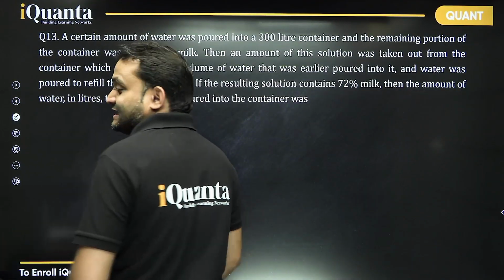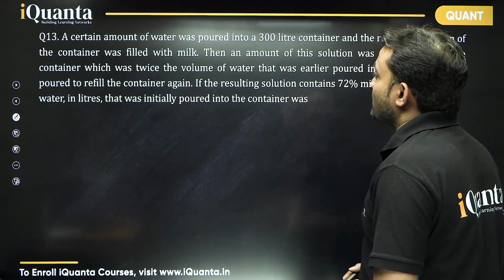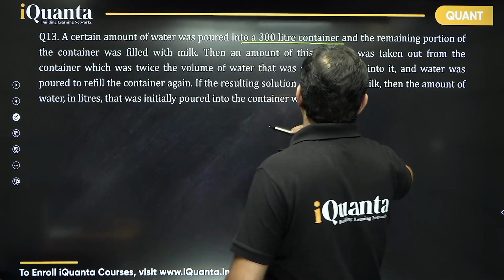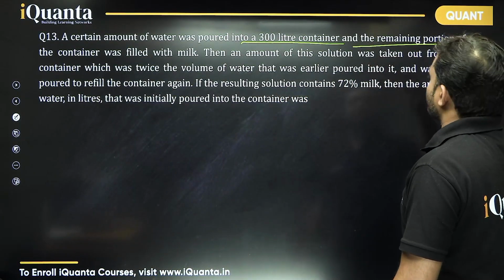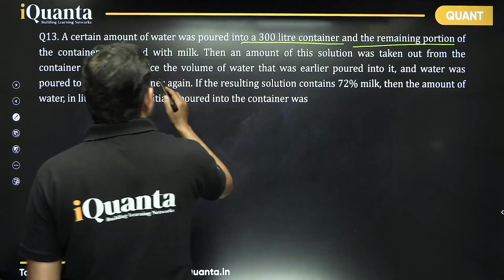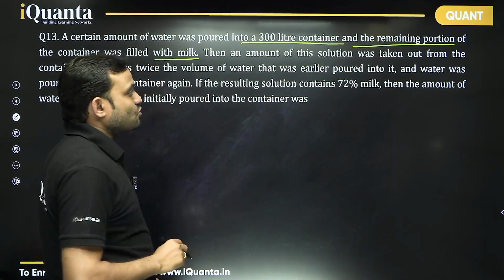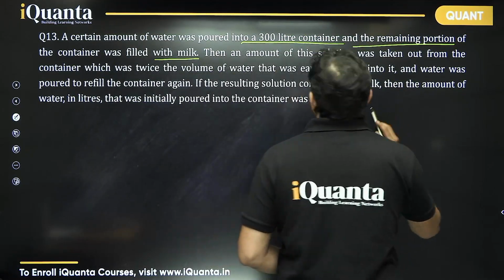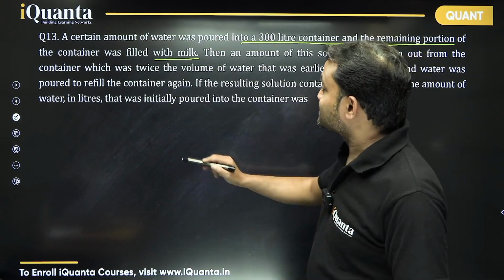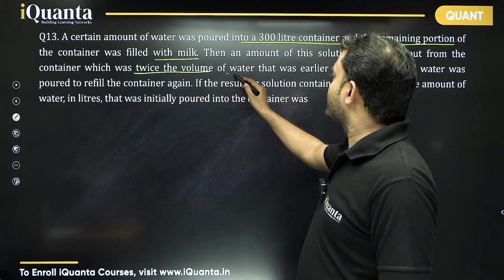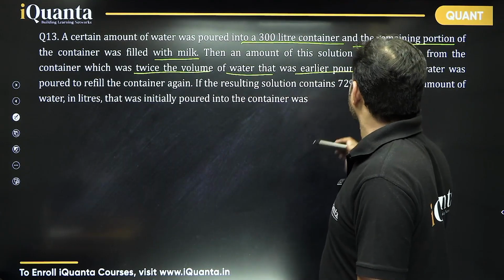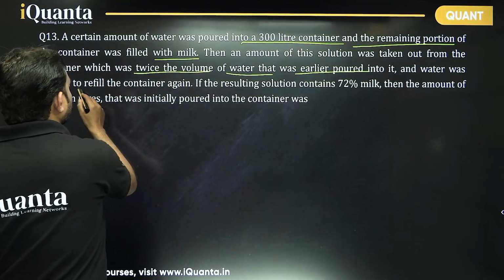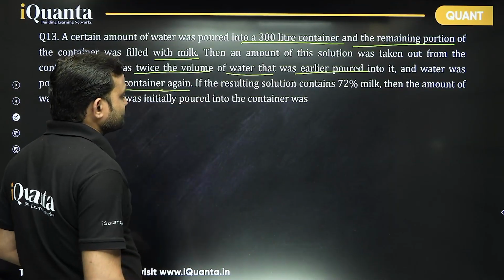Question number 13 says: a certain amount of water was poured into a 300-liter container and the remaining portion of the container was filled with milk. Then an amount of this solution was taken out from the container, which was twice the volume of the water that was earlier poured into it, and water was poured to refill the container again.